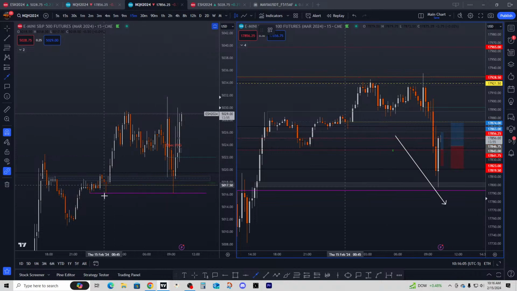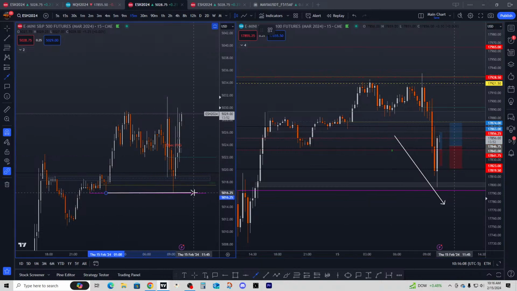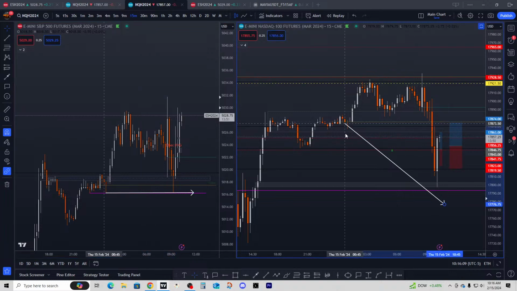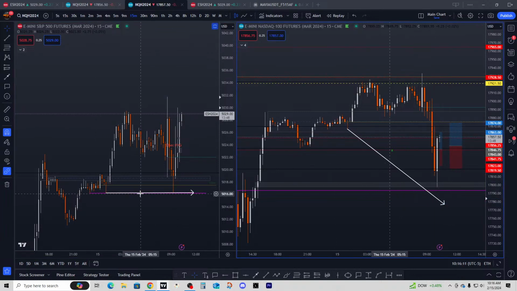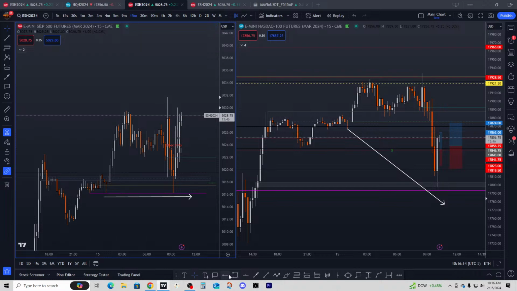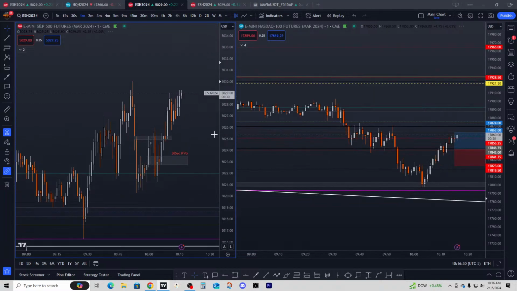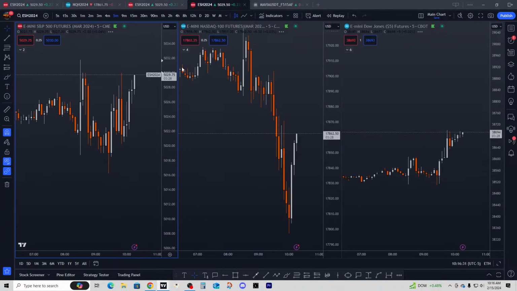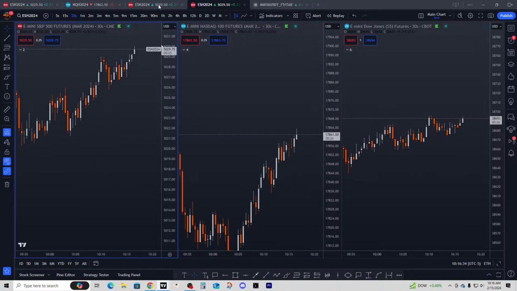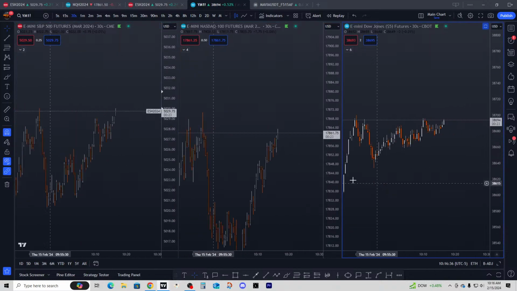No, wait, what am I looking at? Here we go. Low was never taken, left the equal lows down there, so that's part of it. Holy shit, ripping, dude. There it goes.